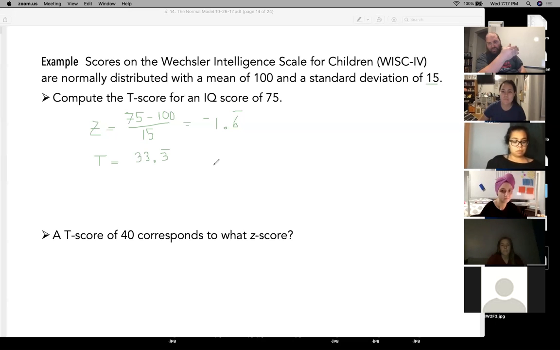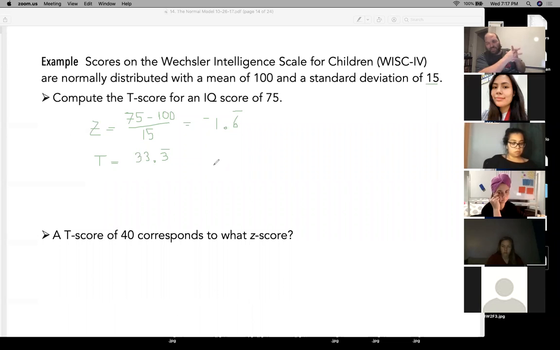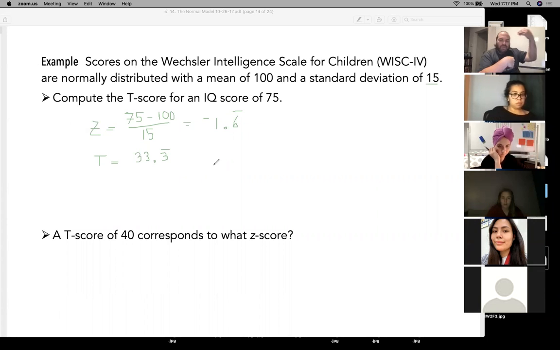Because the z-score was not the end of the problem, I would use negative 1.66666666666, whatever my calculator gives me. I would multiply that by 10 and then add 50. And then at the end, when you get 33.3 bar, if you want to say this is about 33.3, that's fine. But if you round in the beginning, your answers are going to be a little off from where they should be. Does that make sense?